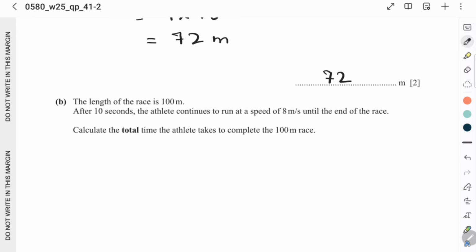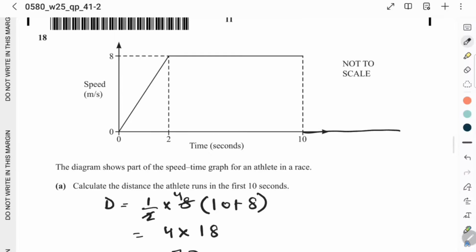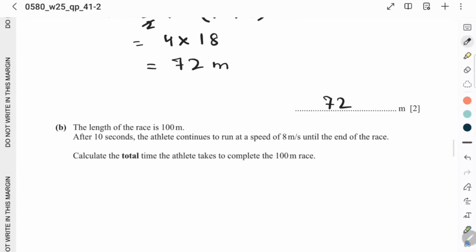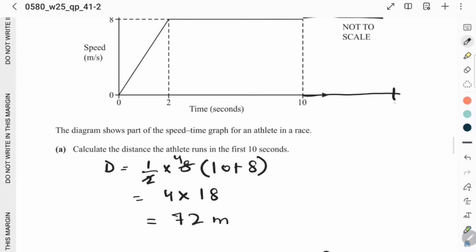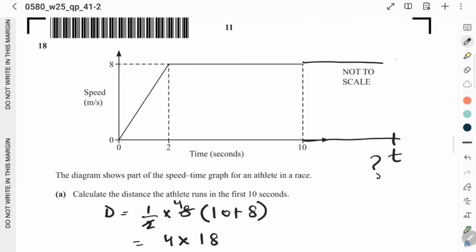After 10 seconds, the athlete continues to run at a speed of 8 meters per second. So after that it continues at 8 meters per second. And then they are asking us the total time. 100 is the total distance.